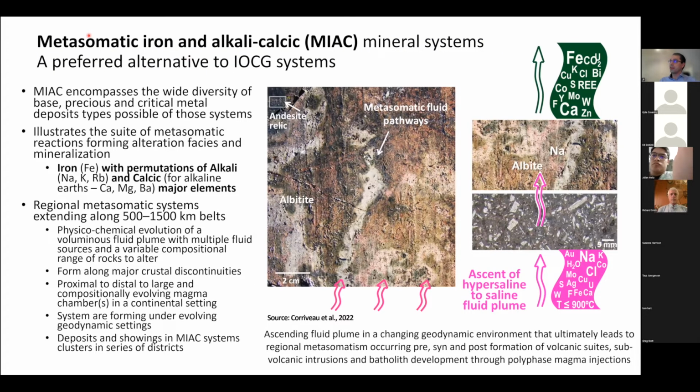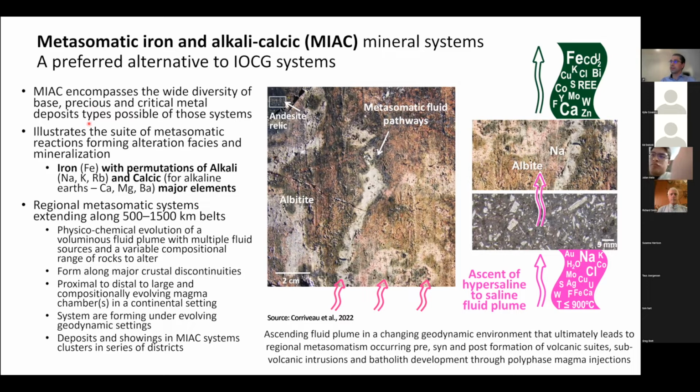And this encompasses the extremely strong zones of sodic alteration that are possible as well in these hydrothermal systems. So metasomatic iron and alkali calcic mineral system is potentially a preferred alternative to IOCG system. One of the key reasons is that MIAC better encompasses, for the reasons cited before, the wide diversity of base, precious, and critical metal deposits that are possible in these hydrothermal systems.